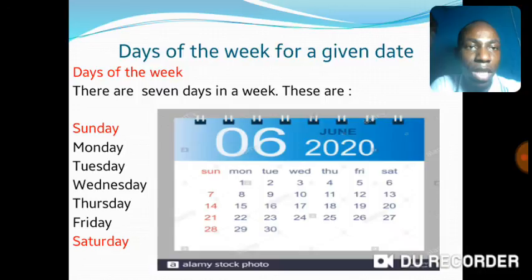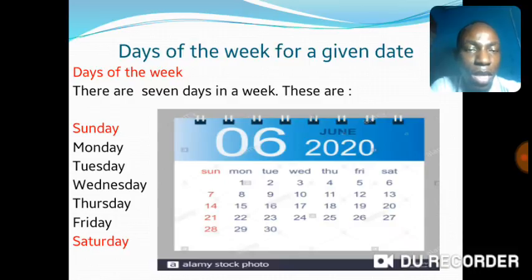Now we look at the days of the week. As we know, there are 7 days in a week. When we look at the calendar, we have 7 respective days on the calendar, which are Sunday, Monday, Tuesday, Wednesday, Thursday, Friday, and Saturday.